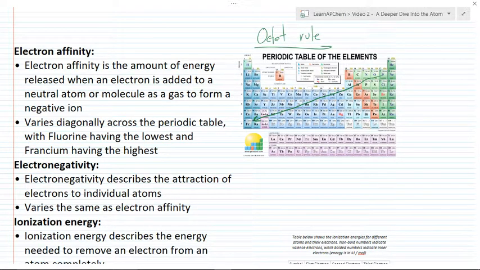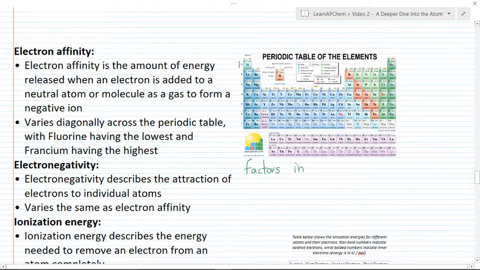However, okay, so I'll write this out just to make it a little more clear. Factors in electron affinity. So our first is the distance to the nucleus.